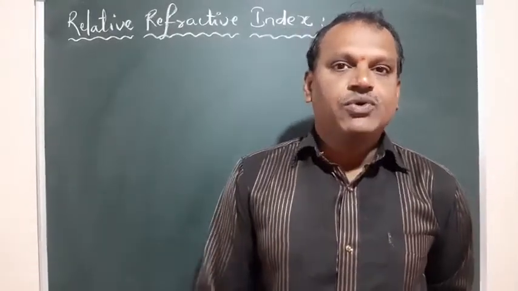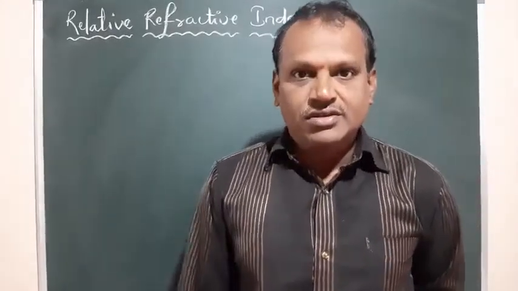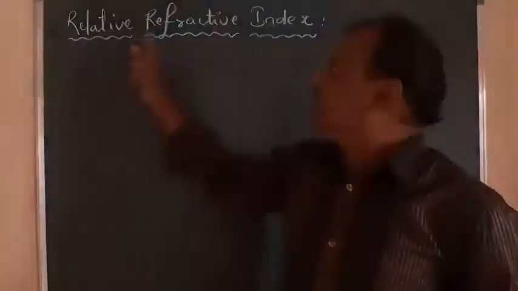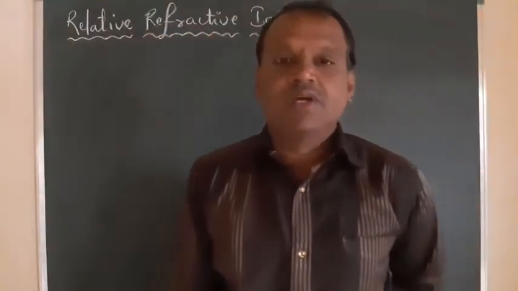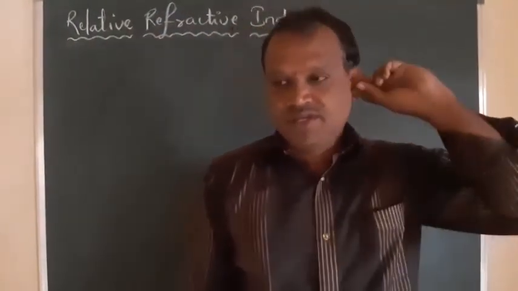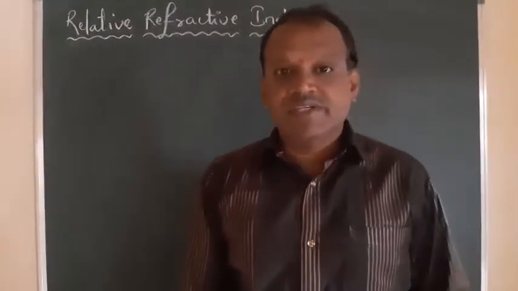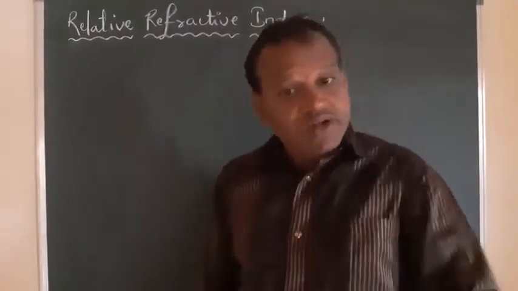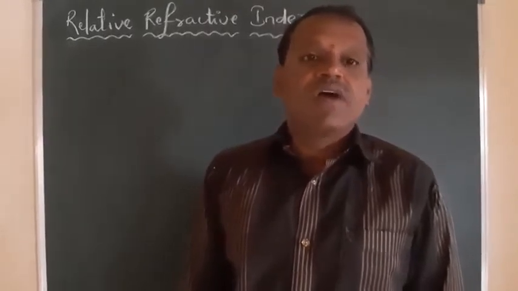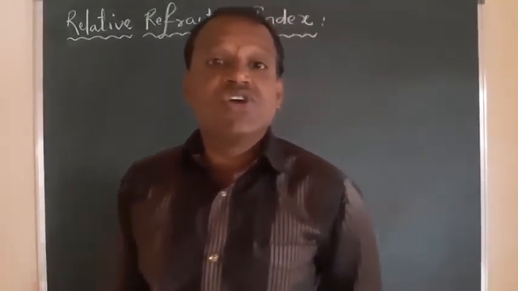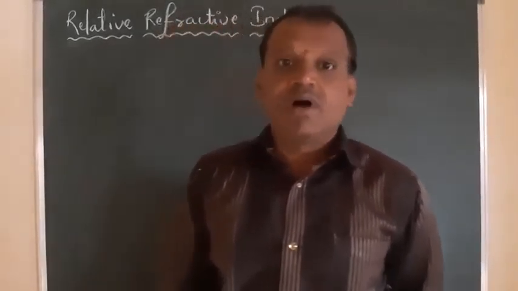In this video I'll give you one more definition, that is the relative refractive index. The relative refractive index is also a refractive index, but here we are comparing the velocity of light in any two mediums, not in free space.